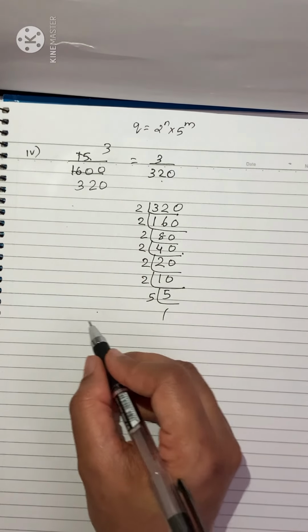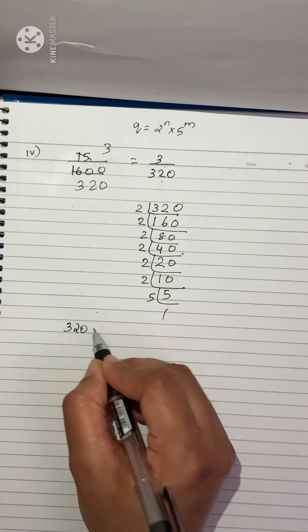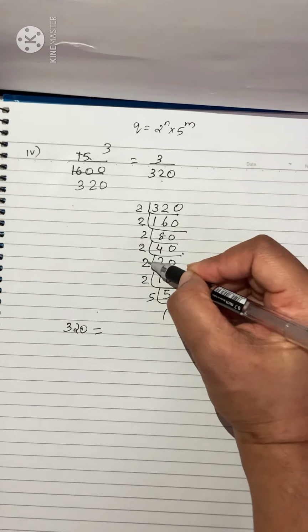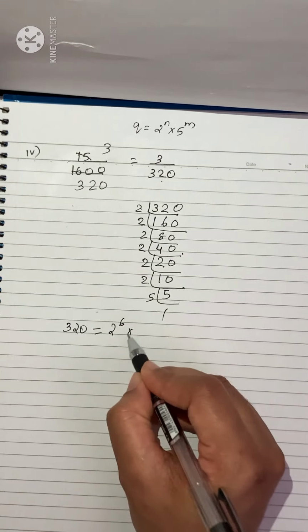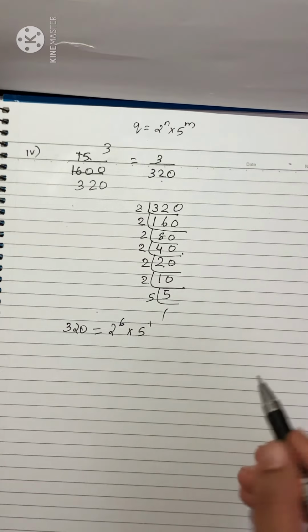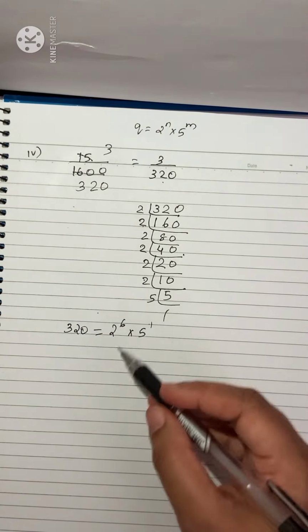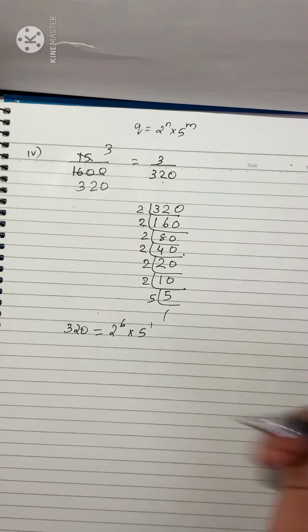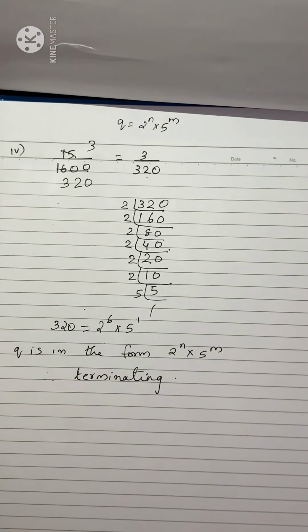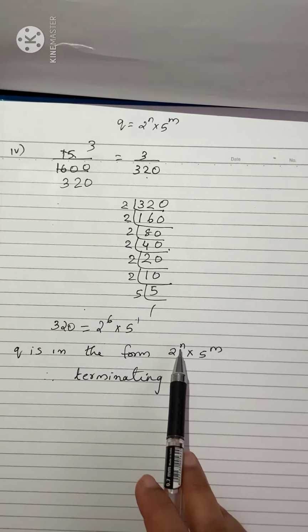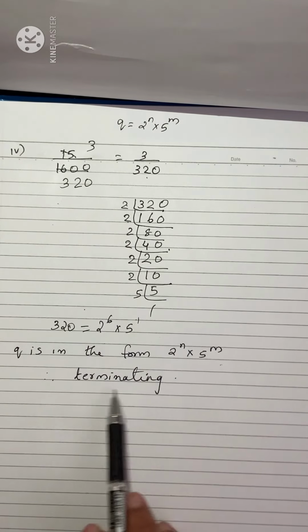Therefore, we can write 320 equals 2 raised to 6 into 5 raised to 1. Therefore, this is in the form 2 raised to n into 5 raised to m. Hence, it is terminating. So, we can write like this. Q is in the form 2 raised to n into 5 raised to m. Therefore, it is terminating.